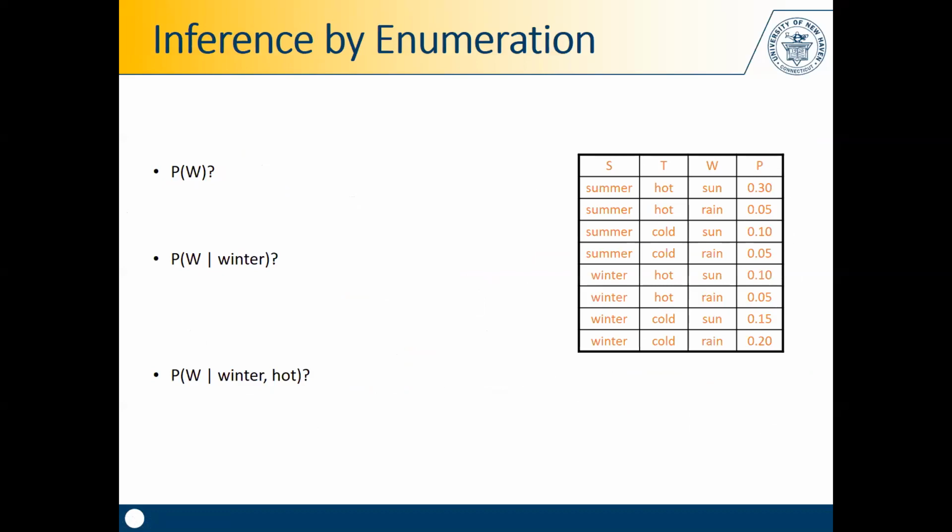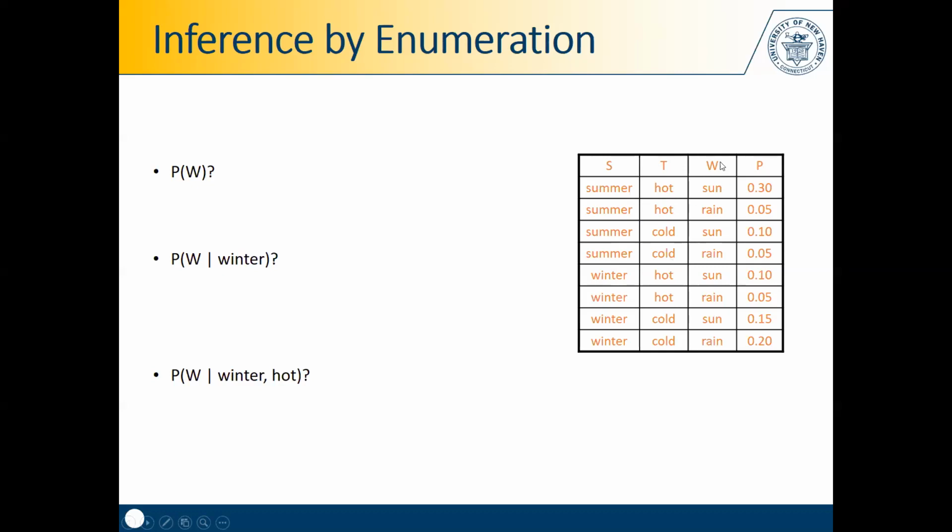Look at this example here. We have 3 variables. One is the season. It can be either summer or winter. Then we have a temperature variable, which can be either hot or cold.